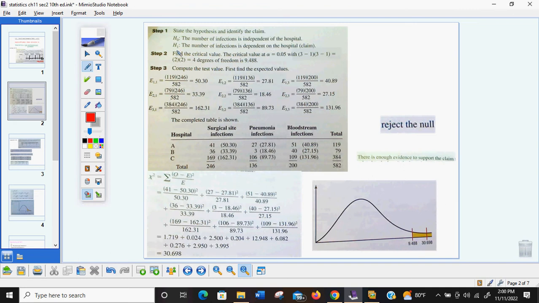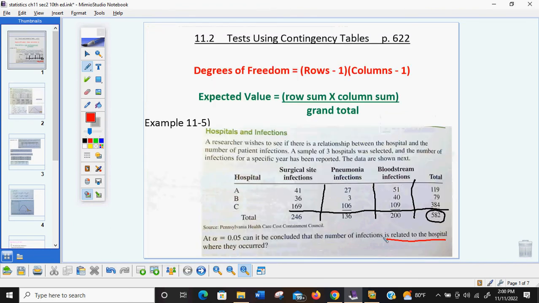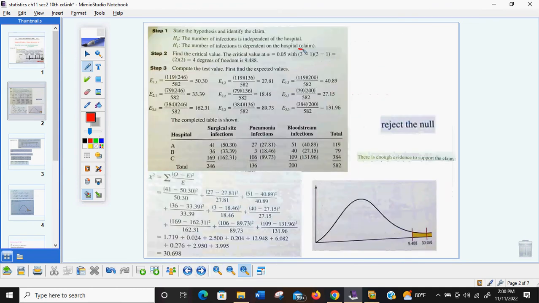That's the null. For the alternative, you're saying they are dependent. It does depend on what hospital you went to. Now remember on this one, they were saying, is it related to the hospital? So that means the claim is they are dependent on the hospital. If they were independent, then it would not matter. So they are claiming dependent for step 1.